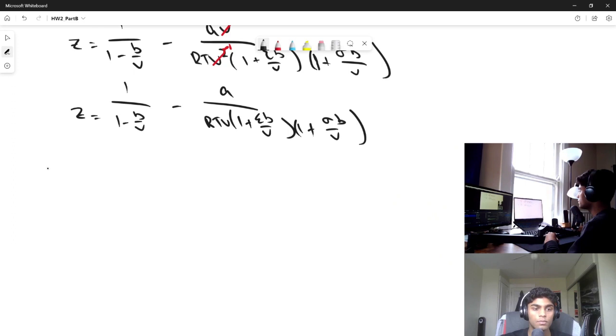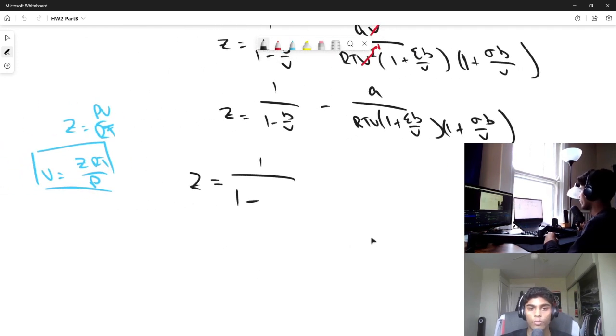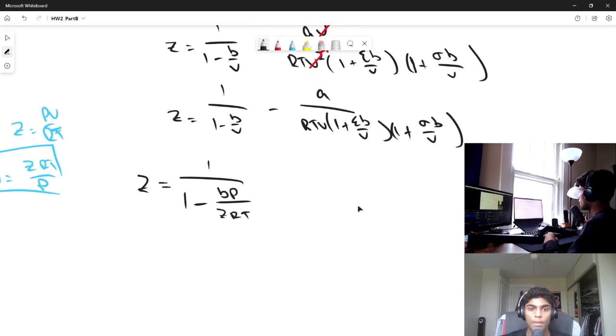So now this one equals 1 over 1 minus b over V, or if we rewrite that, it's going to be bP over ZRT, and minus a over, so V is ZRT over P, so let's get that P up to the top. So it's going to be aP times, we have an R here and a T here, we have an R here and a T here.